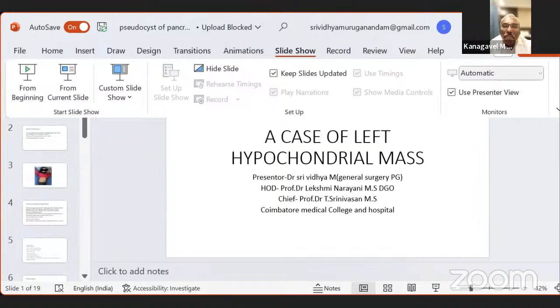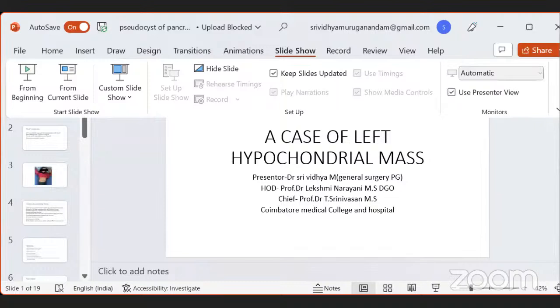If you have a problem, you present in that same format. Only thing you may need to advance the slide every now and then. Yes, sir. On the right lower side, you can see like a screen. Can you try pressing that? Yes, sir.